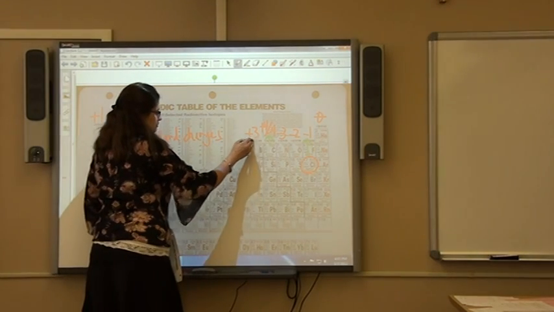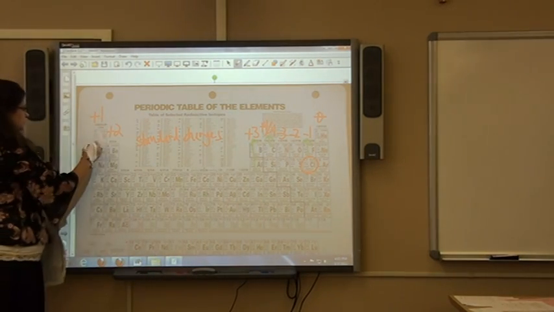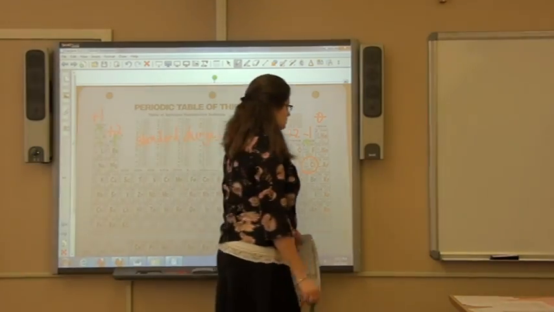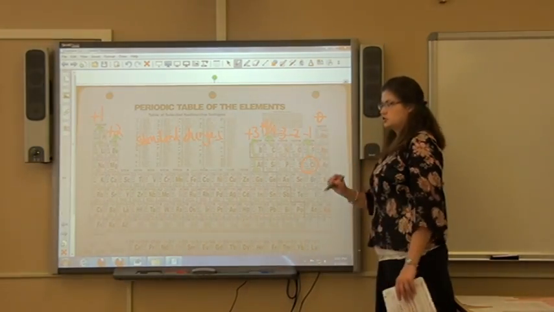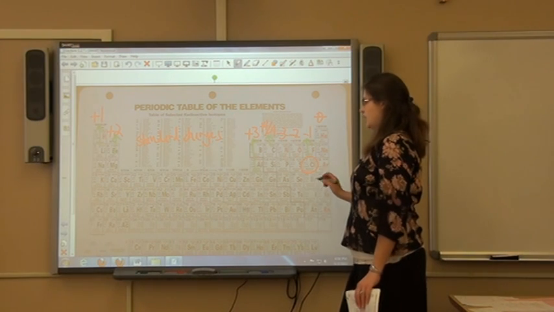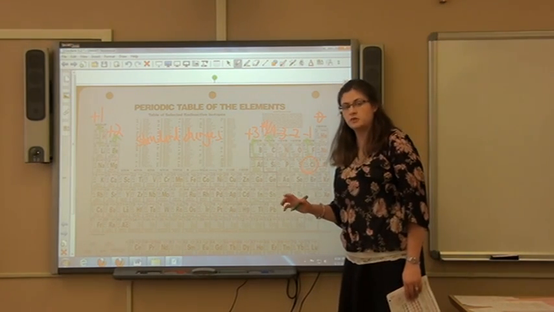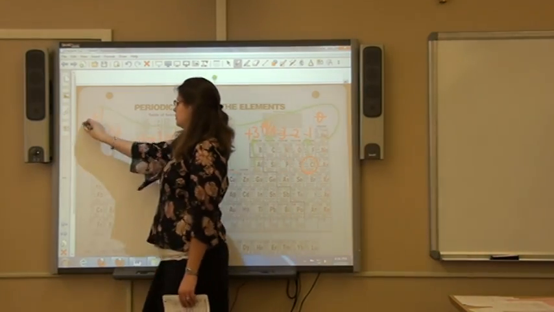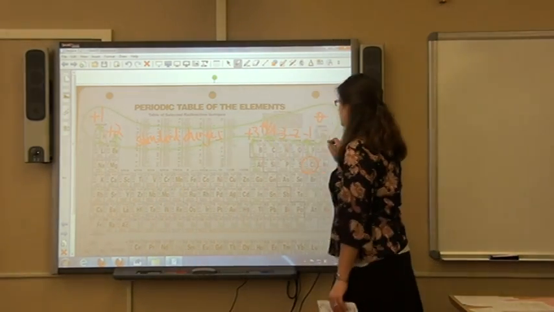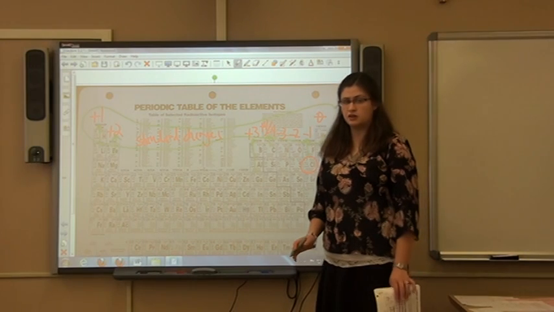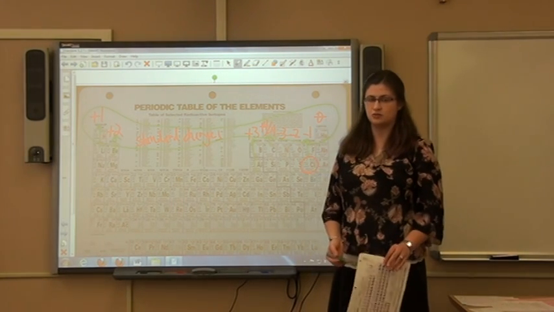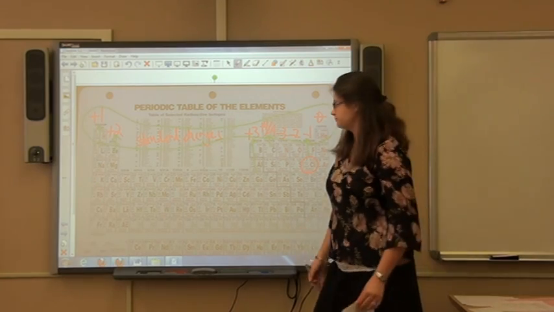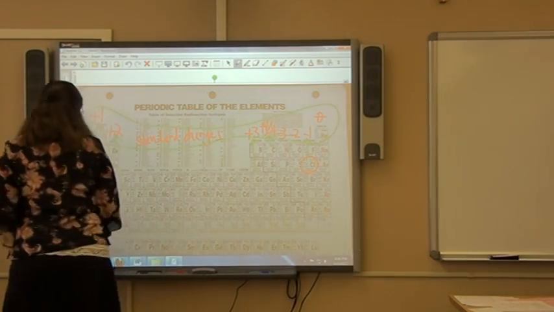Gallium, lithium, beryllium, and so on. So that's where these standard charges come from. I'm not so concerned that you know where they come from. As long as you can write these numbers down here on your periodic table, you can use them properly. It doesn't matter to me so much that you get the whole octet rule concept, as long as you can use those numbers properly.